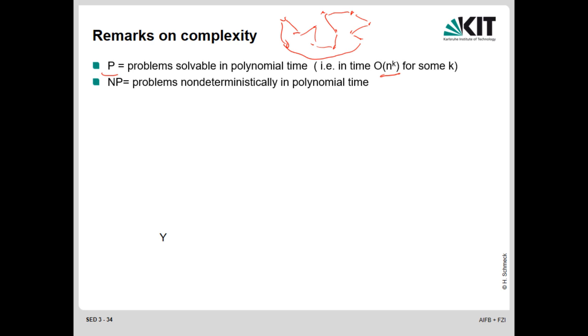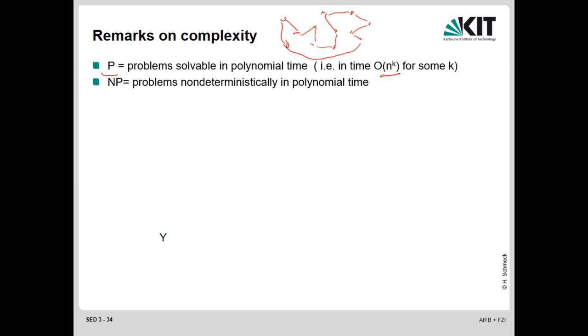Now, if I have a non-deterministic algorithm, I just guess a certain path. And then I check whether this path has a length that is less than my constraint. And I can check whether that solution is okay in polynomial time. So if I guess right, or have luck, I can solve the problem in polynomial time.